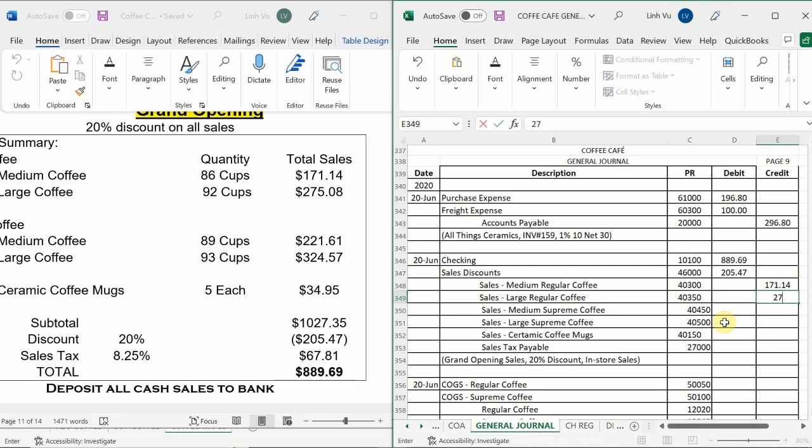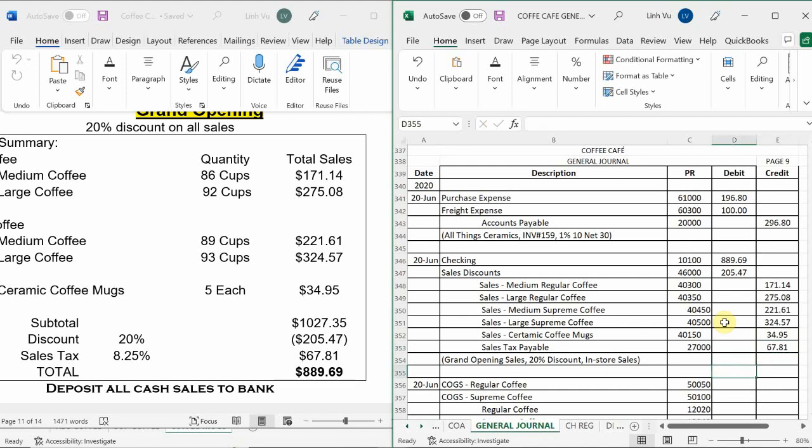Large is 275.08. And supreme medium is 221.61. And then supreme large was 324.57. And then mug was 34.95. And we collected tax 67.81.